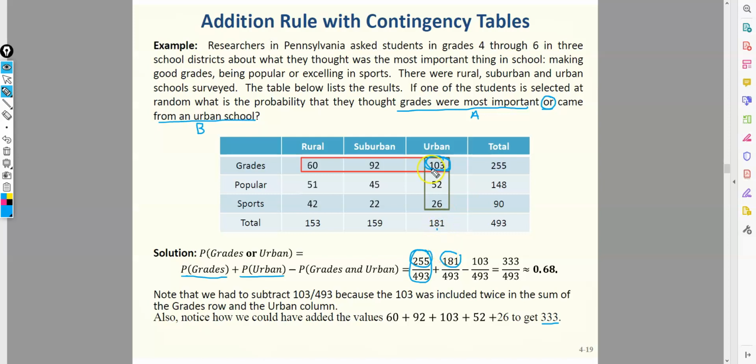And so the 103 is included both in the 255 and the 181, so we have to subtract off one of the 103s, and that's what we do right here. That's why we subtract the probability of grades and urban, and we obtain our result. So once again, you see why we have to do that subtraction. And that concludes our discussion about the addition rule.